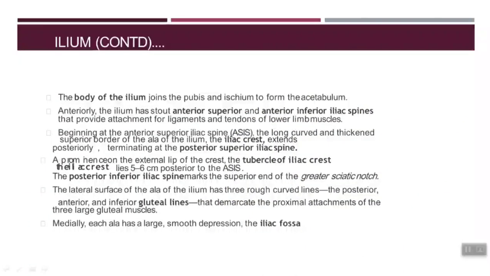For more details, I draw some pictures here and describe how the ilium makes up the hip bone. I told you that this is an ilium. We say that the ilium has some borders and some surfaces.